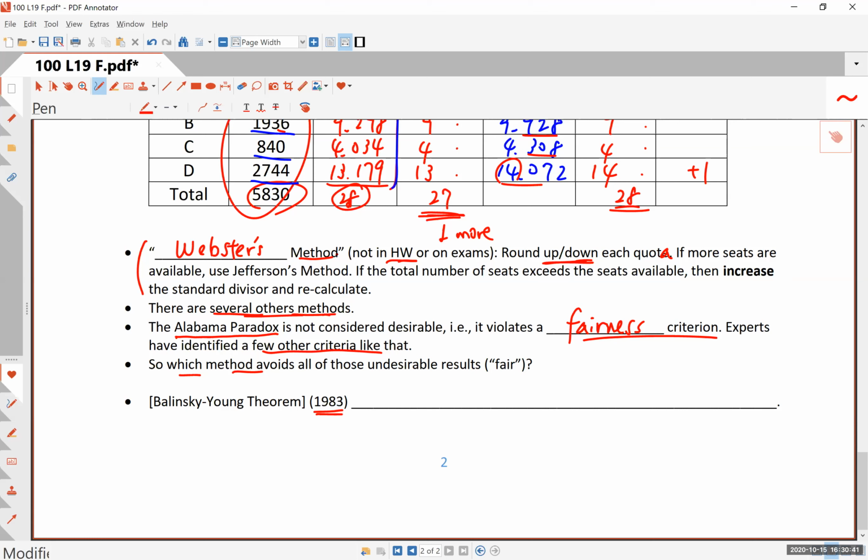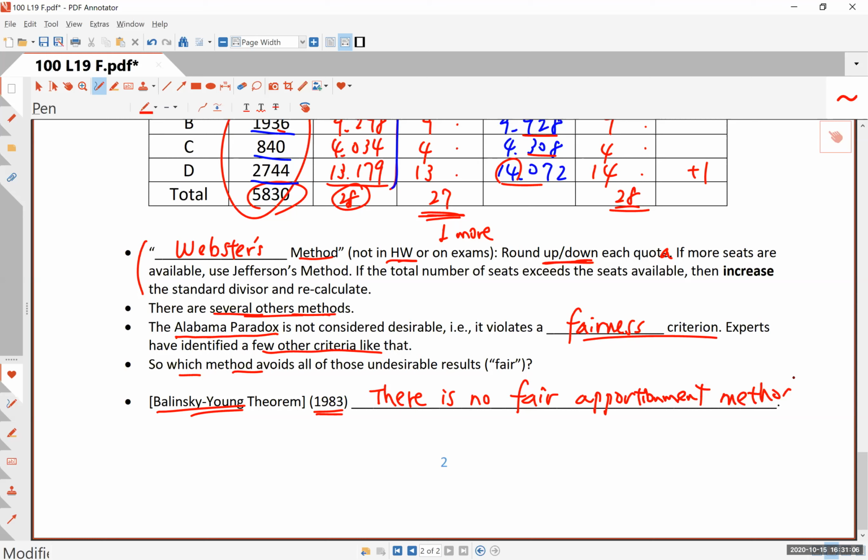And guess what? These two mathematically proved, and this is unfortunate, but they actually proved this. Amazing. There is no fair apportionment method. This is a doomsday prophecy. There is no fair apportionment method.